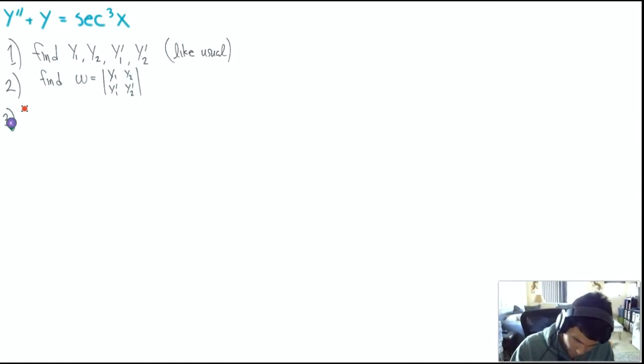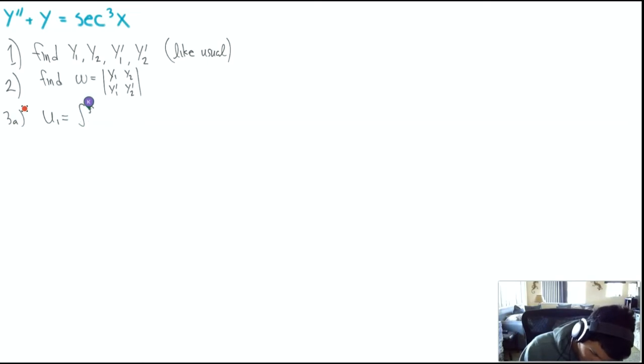Okay. Then step 3. Let me write step 3a. u1 is equal to negative y2 times f.